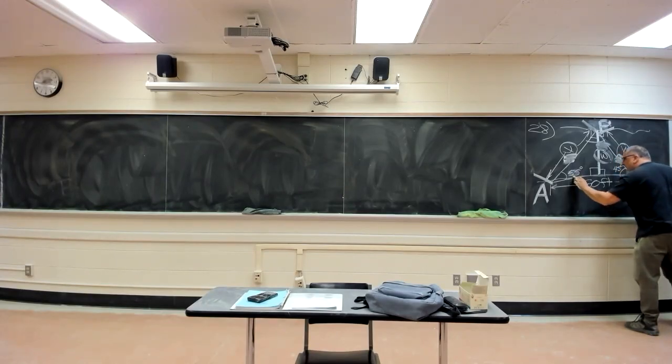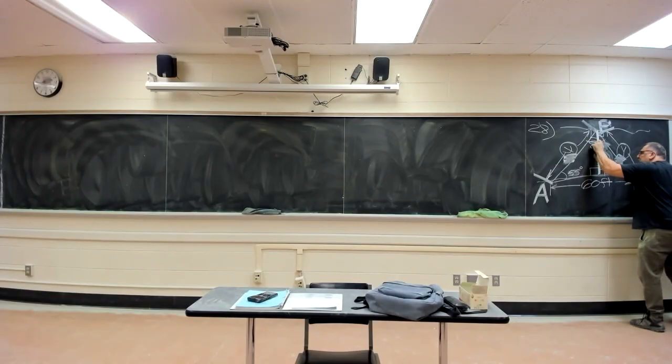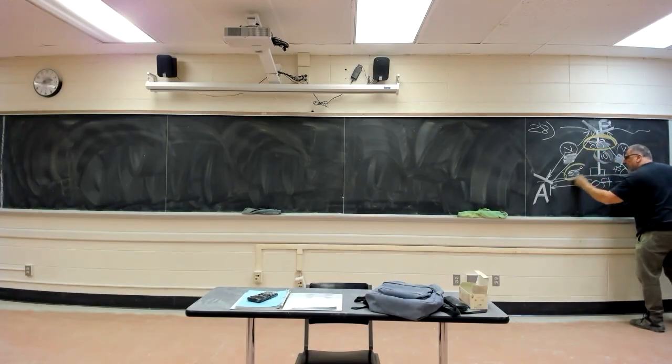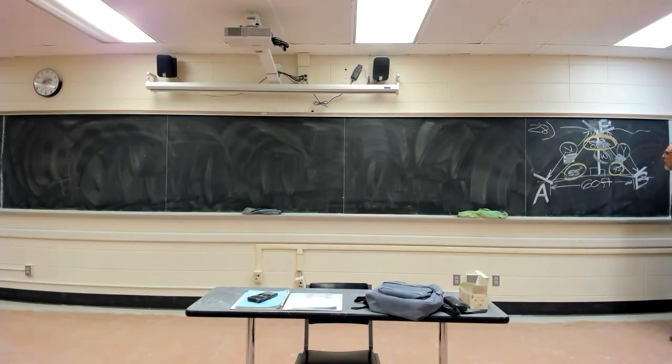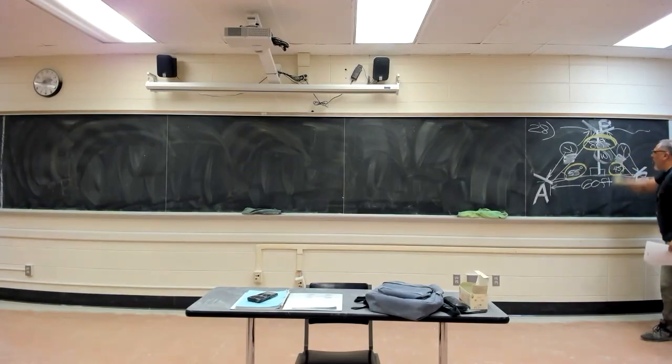If this is 55 degrees and that's 45 degrees, that's 100 degrees. This right here has got to be 80 degrees. I hope that's visible. That's 80 degrees. That's 55 degrees. That's 45 degrees. Hopefully that makes it a little easier to look at. Okay. 45 degrees, 55 degrees, 80 degrees.